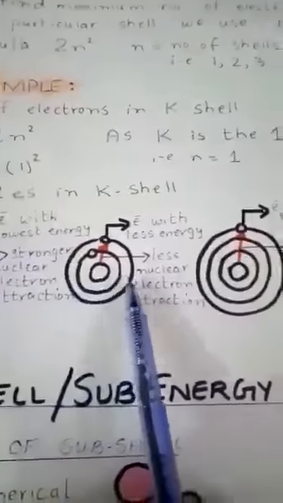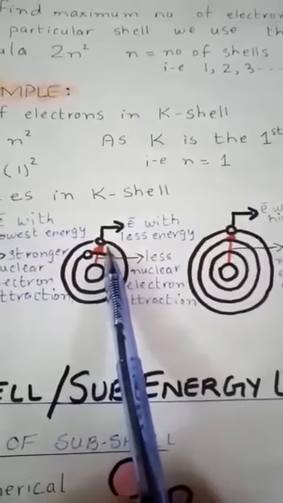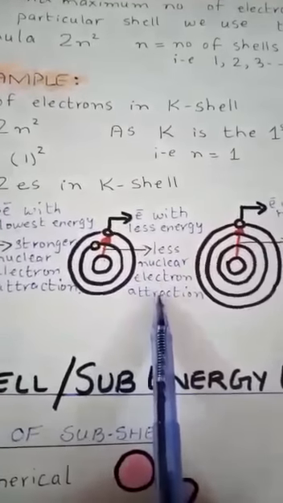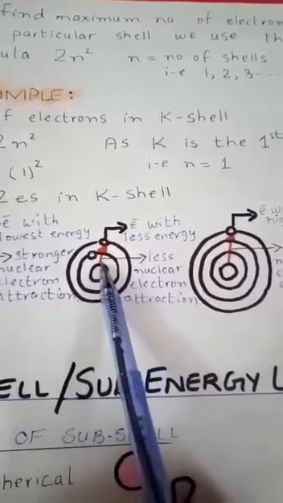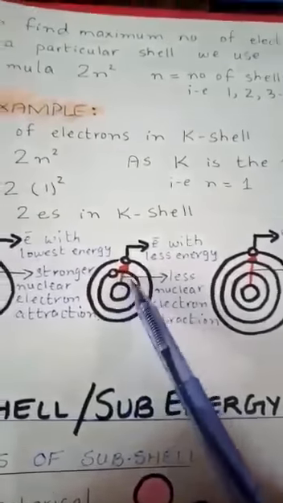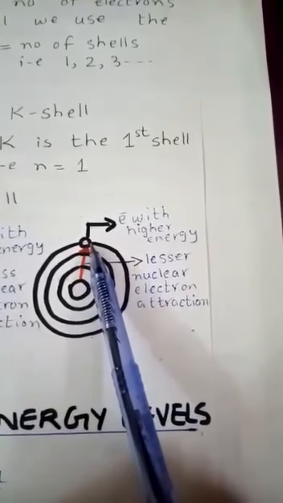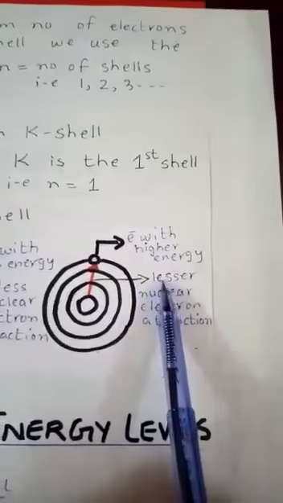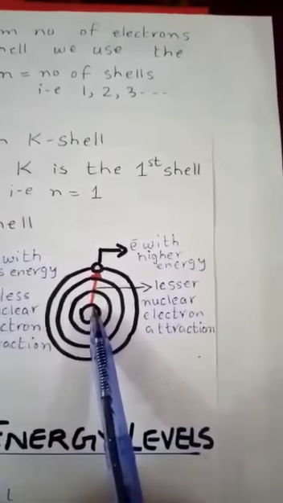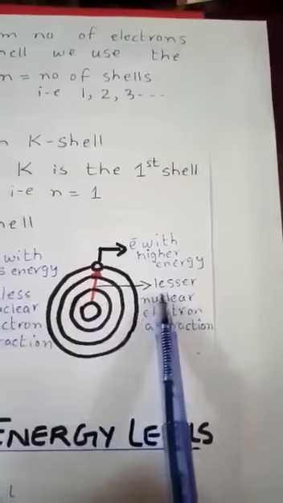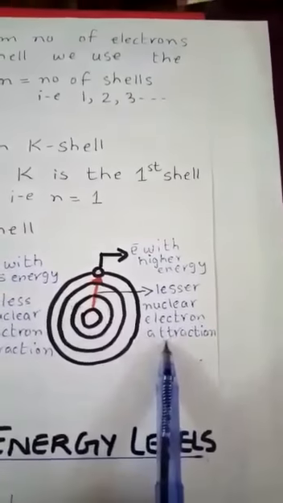Now, if you see over here, this electron is a little bit away from the nucleus, that is to say there is less nuclear electron attraction. So we say that the electron is a little bit far away from the nucleus, so it will have higher energy than the first. Now, this electron is very far away from the nucleus, so it has higher energy, because it is away from the nucleus and there is very little nuclear electron attraction.